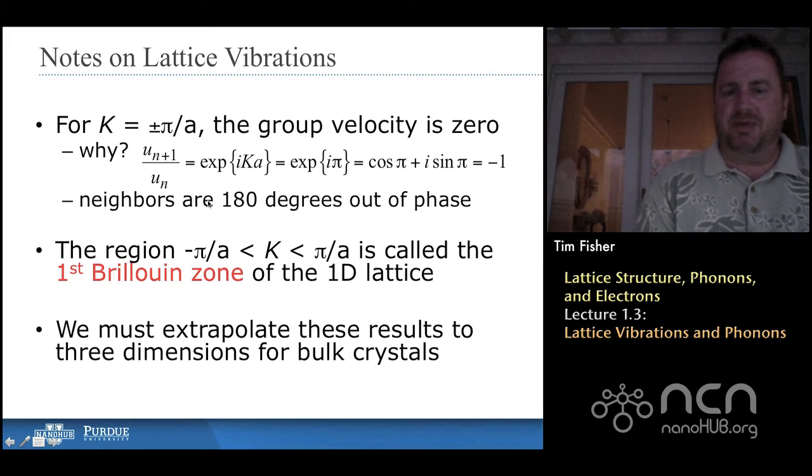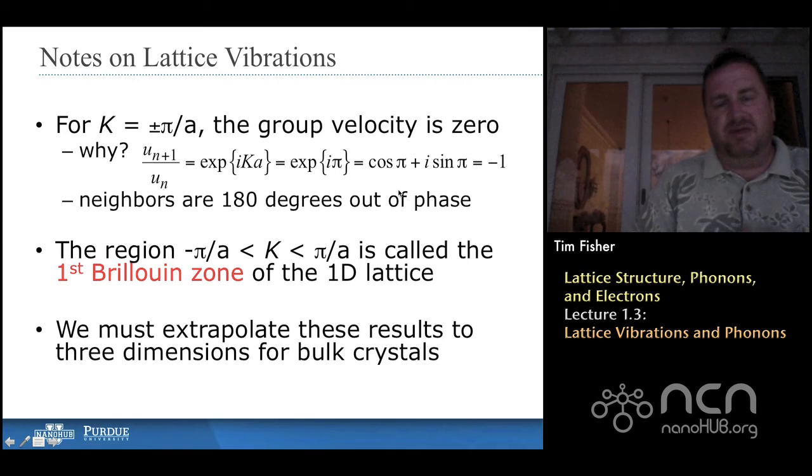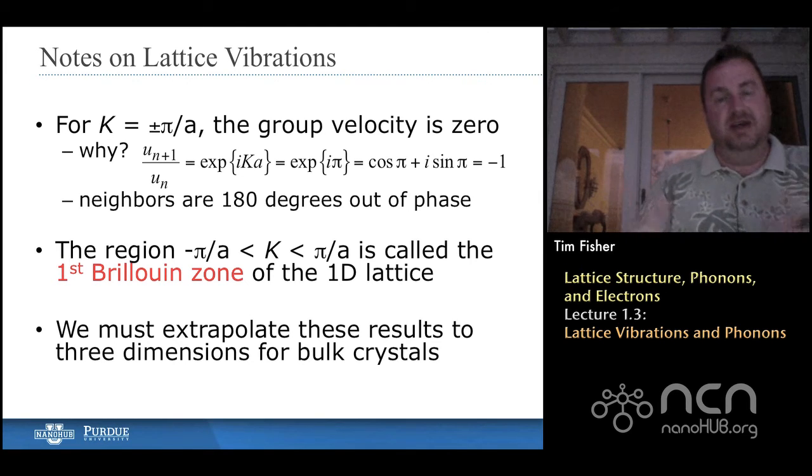We plug in that plane wave solution, and we find that the ratio of the displacements of nearest neighbors is -1, which means that the displacements are equal and opposite. And what this means is that instead of having the wave propagate through the medium, these neighboring atoms are just vibrating against each other, and they're not going anywhere. And that's why the group velocity is 0. They might have a lot of energy embedded in this mode of vibration, but they're not moving.